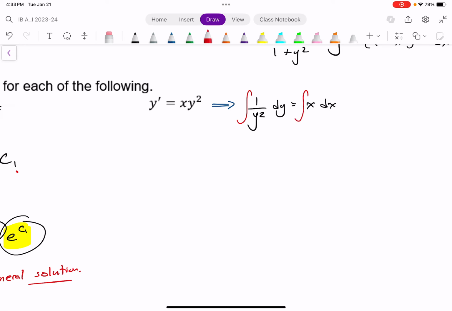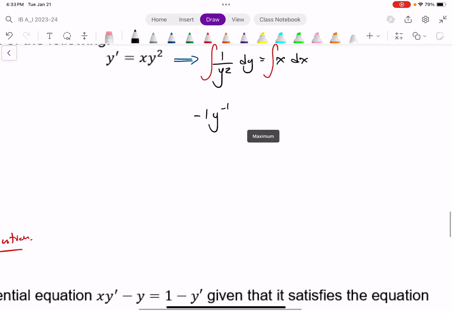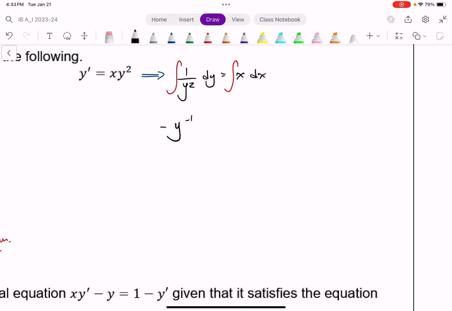And so if I do that, on the left-hand side, that's 1 over y squared, which is like y to the negative 2. Find the antiderivative of that. That's negative 1 times y to the negative 1. I'll just write negative y to the negative 1. Again, plus some constant.